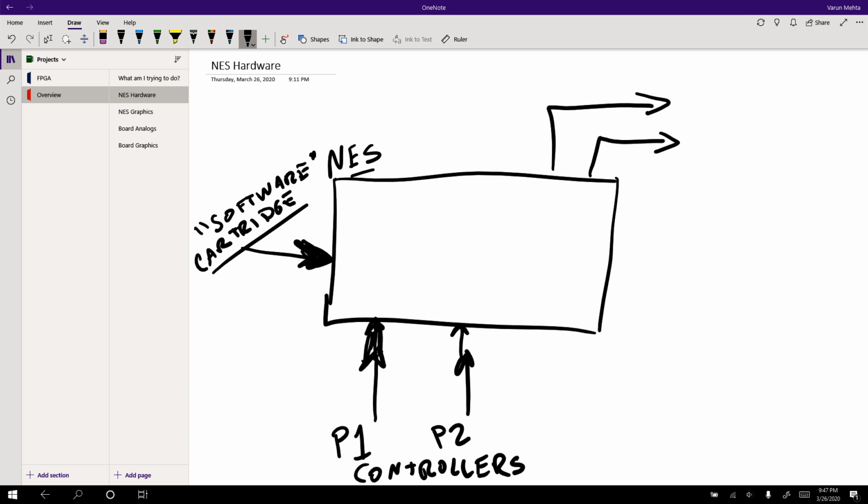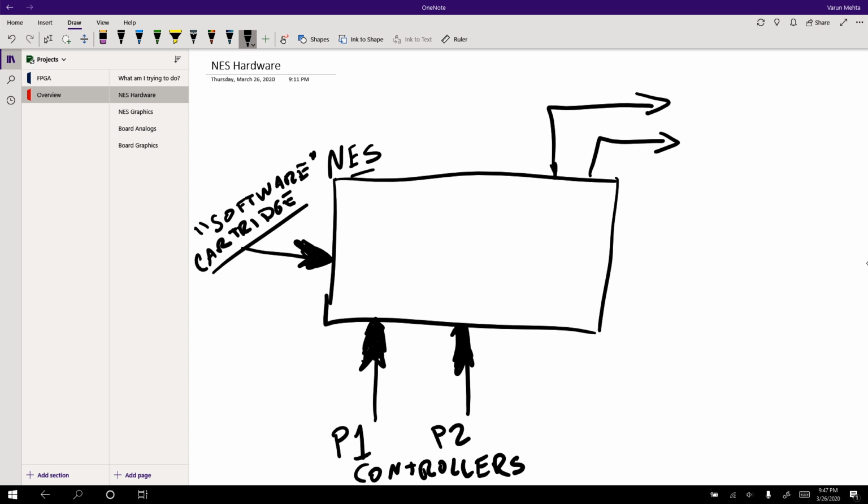So these are some basic inputs. You have things like power and such, but that doesn't really apply when we're talking about how the system interacts and operates.